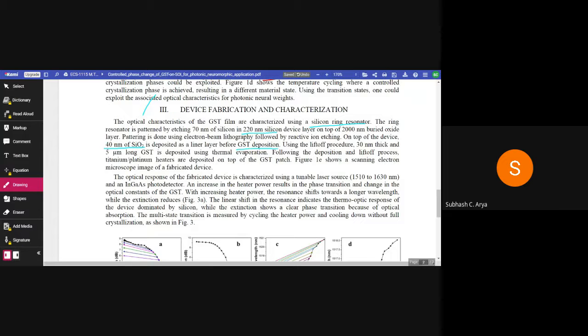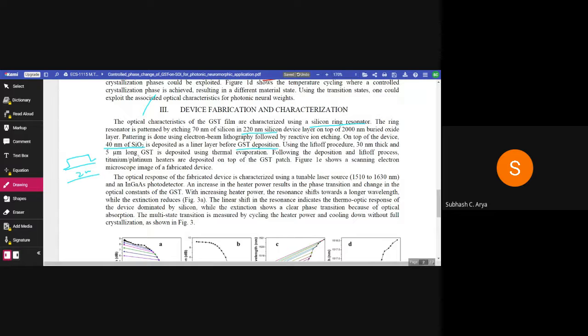So what is going on here? 220 nanometer silicon is there, then 70 nanometer etching. The top layer is called 2000 nanometer oxide. Patterning is done using electron beam lithography followed by reactive ion etching.